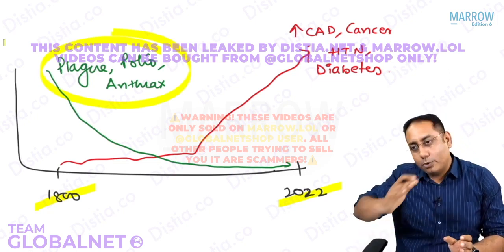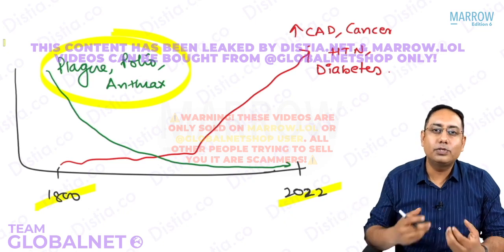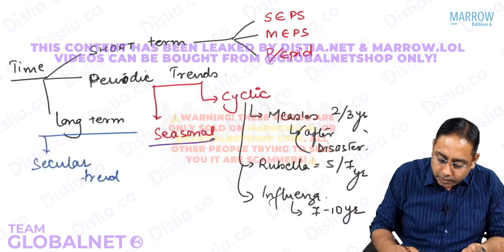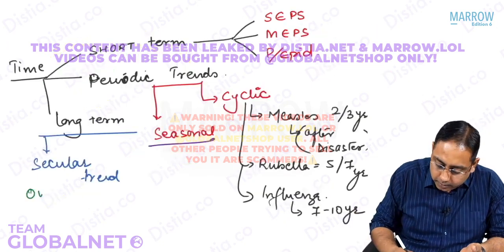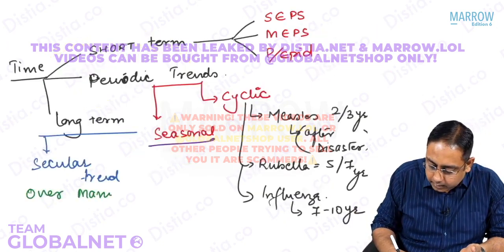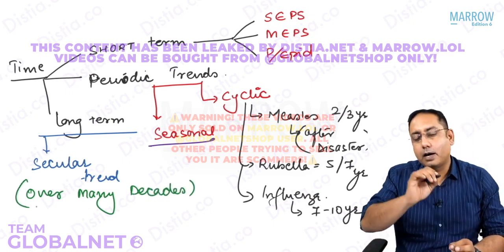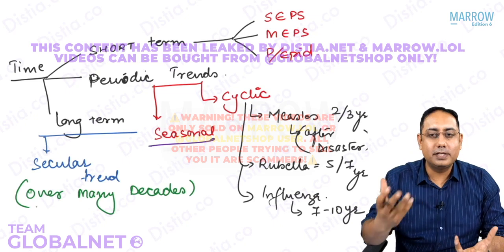Secular decline means over many decades. So we have seen that over many decades, after some dashak, meaning decades, right?